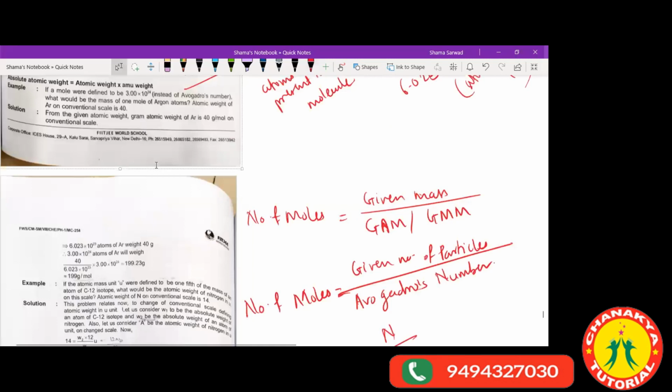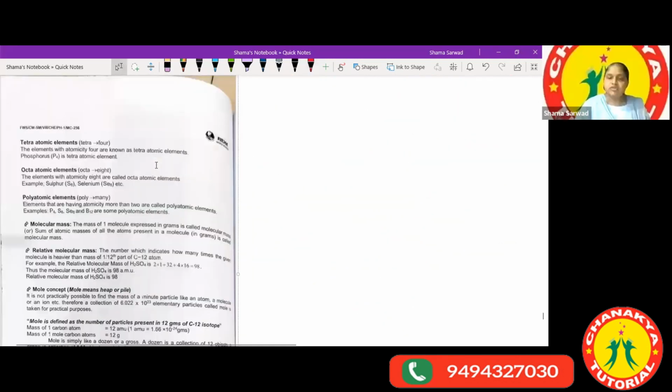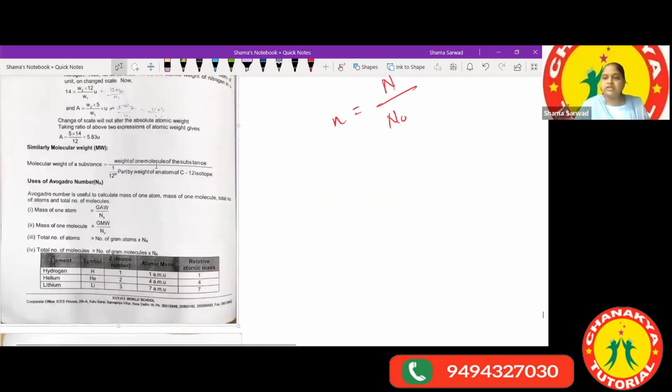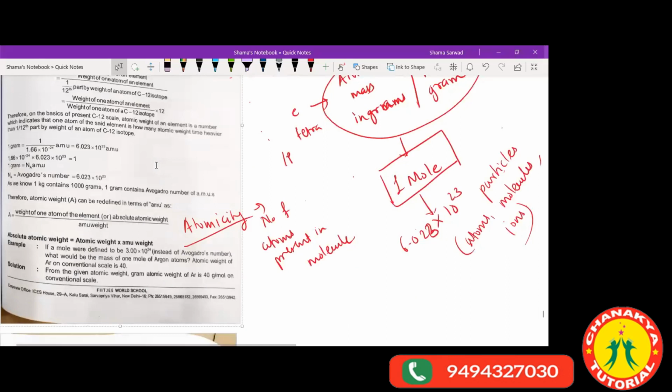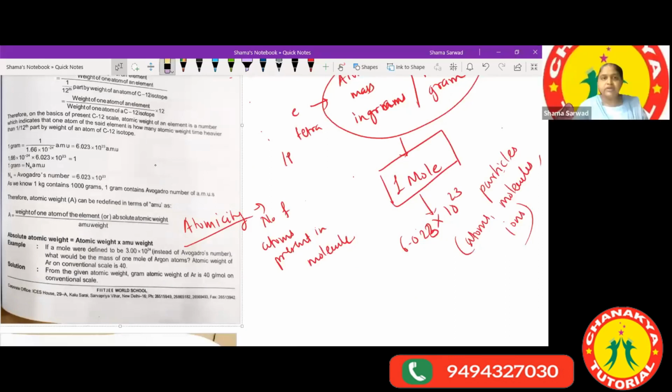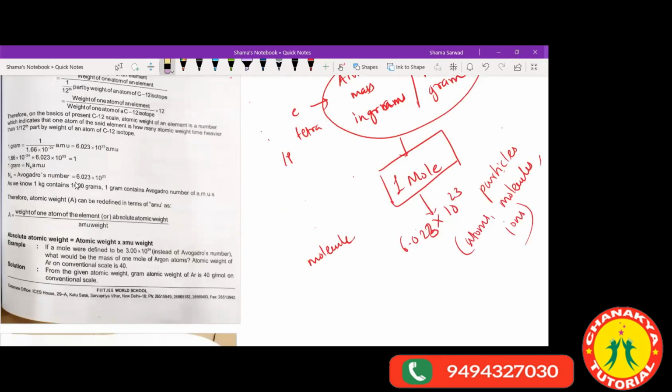So I'll post a few questions in the group itself. All of you have to solve them by tomorrow. That will be the homework and the test, to be solved by tomorrow.